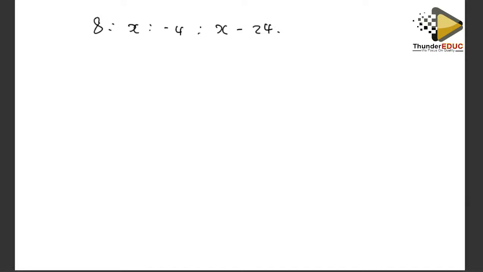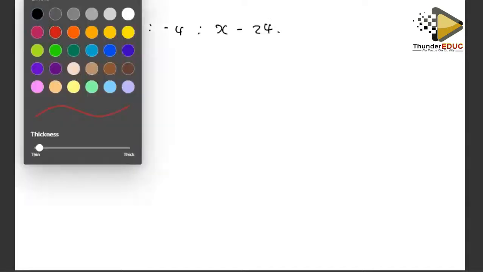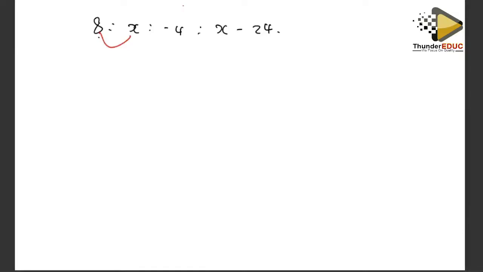Meaning that if we are trying to find the first difference, it's going to be T2 minus T1, so x minus 8. For the next first difference, it's going to be negative 4 minus x. Then for that one, it's going to be x minus negative 4, which is x plus 4. Sorry about that.